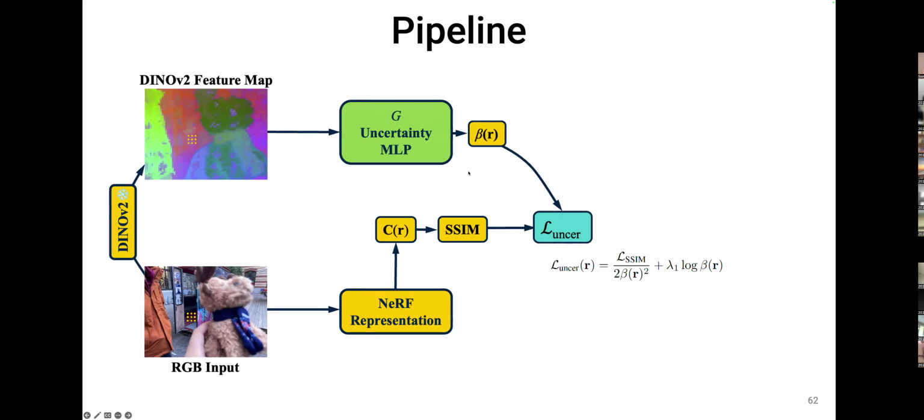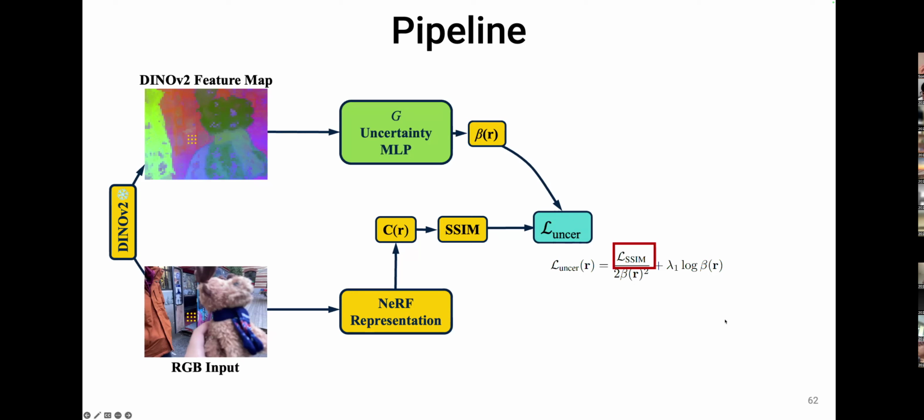On the very uncertain parts, this beta will be high, so this loss term will be almost zero. This encourages, during rendering or training, not to look at the parts with high loss, with high uncertainty.